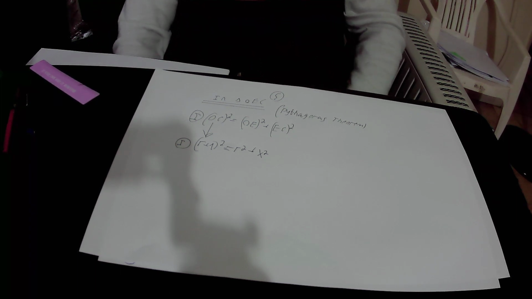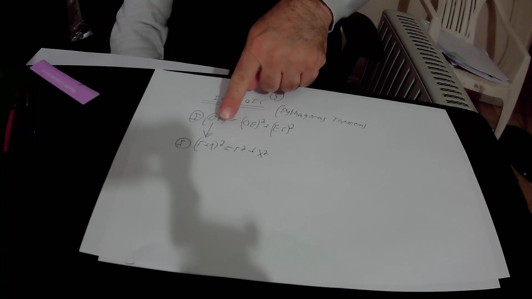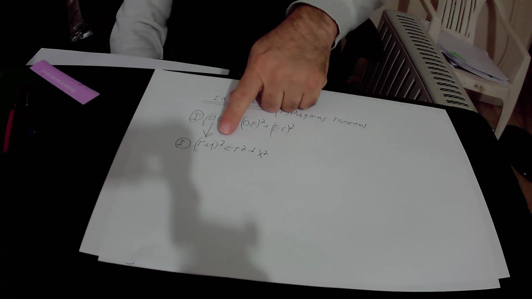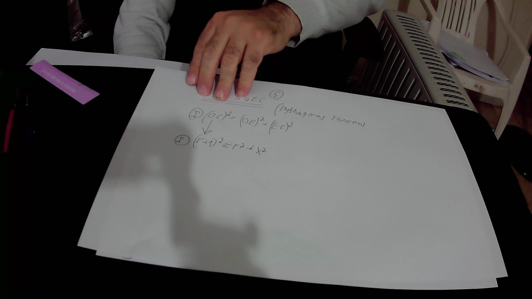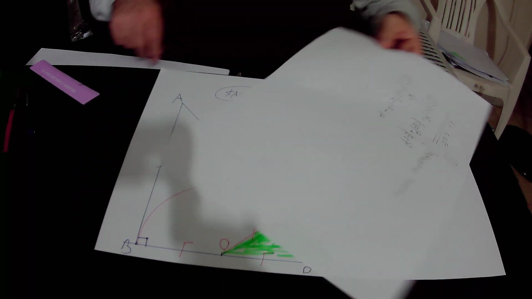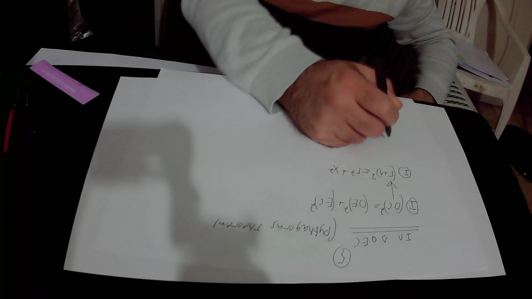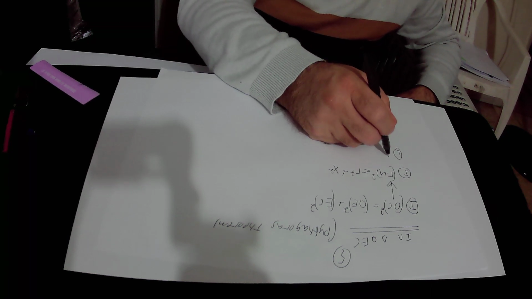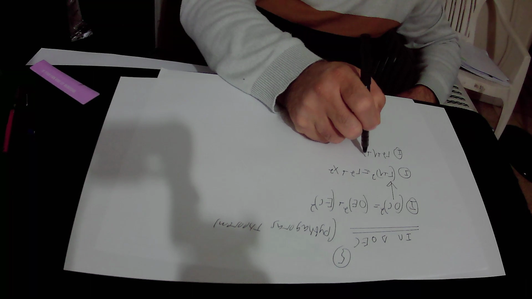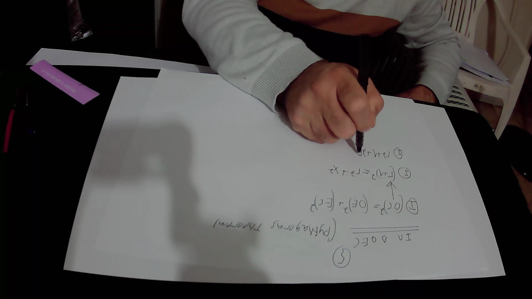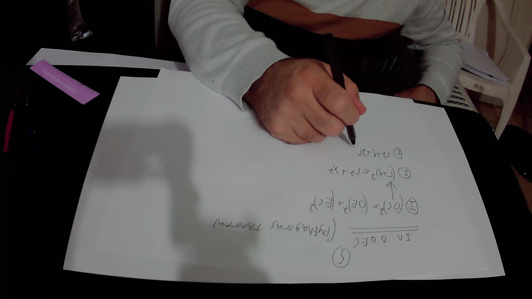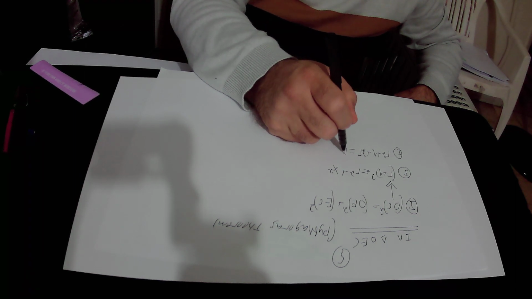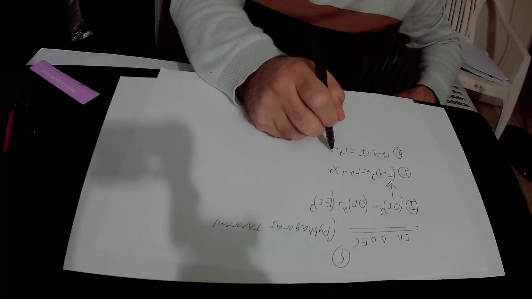Of course, here we will open the brackets of this expression and we will get that (R plus 1) squared equals R squared plus 1 plus 2R, according to the algebraic identity that (A plus B) squared equals A squared plus B squared plus 2 times AB. And it equals R squared plus X squared.